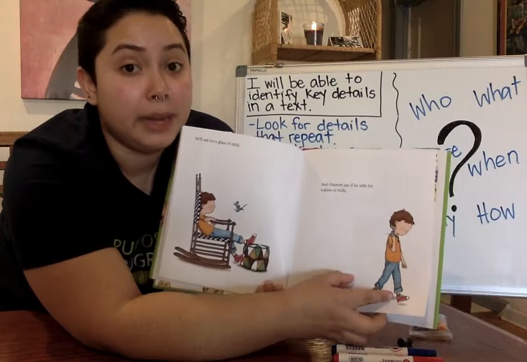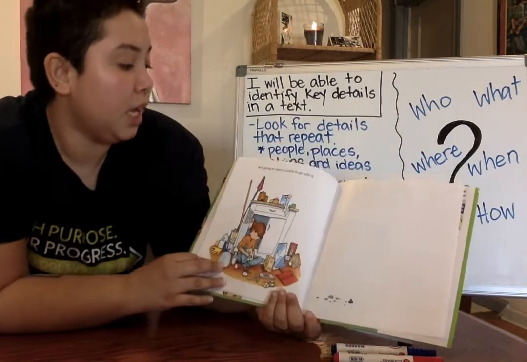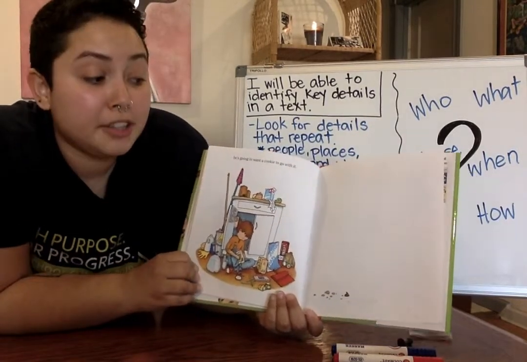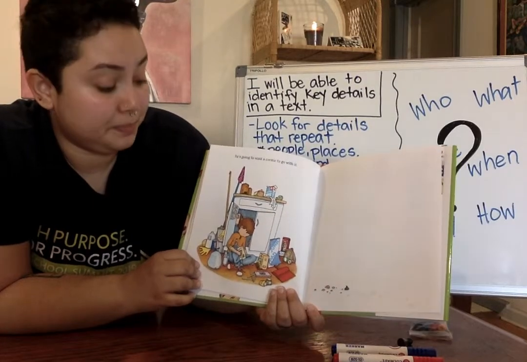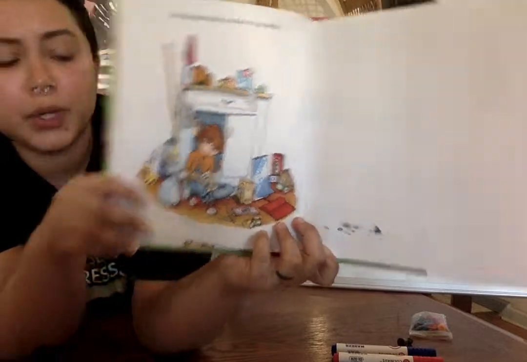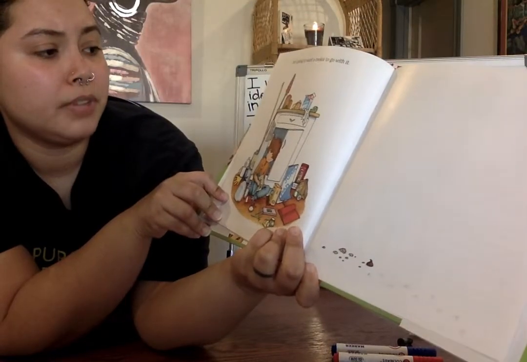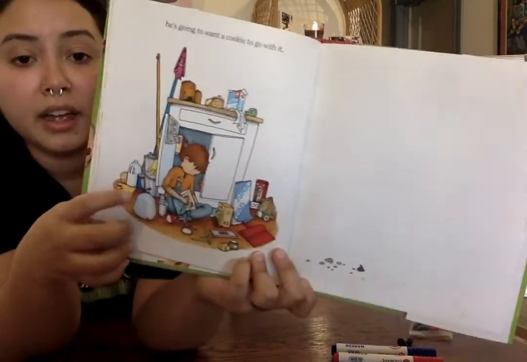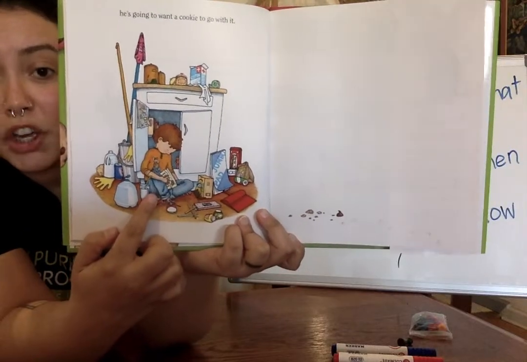I think he might ask for a cookie. He's going to want a cookie to go with it. Here's our young boy looking through his cupboard, some drawers. And he's feeding the mouse a cookie.